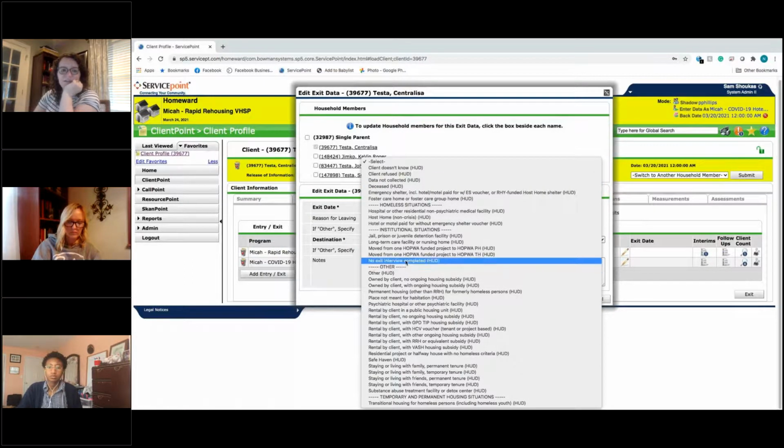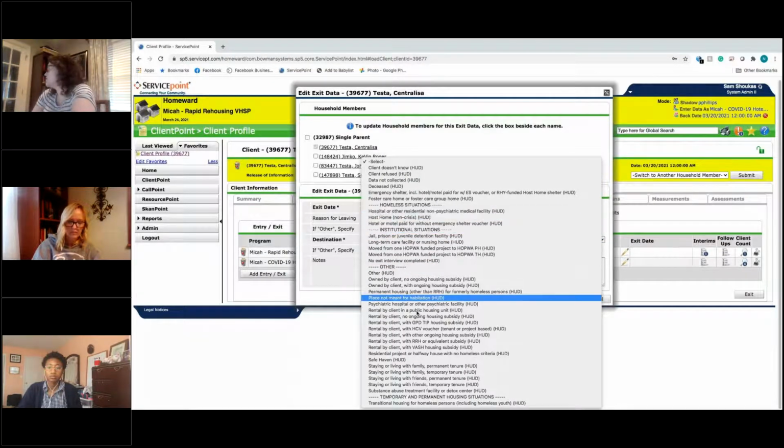Everything else on here is a logical answer for different situations. We have added over the years multiple options for rental housing. So GPD should only be used for veterans.